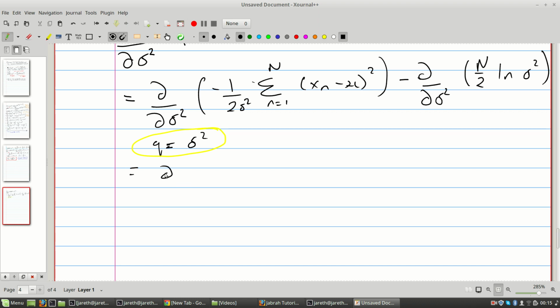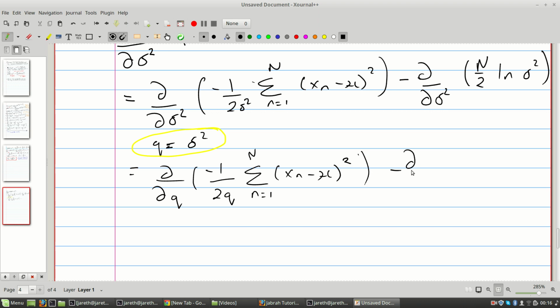So we can take the derivative with respect to q of minus 1 over 2q times the summation from n equals 1 up to N of (xn minus mu) squared, minus the derivative with respect to q of N over 2 ln q.